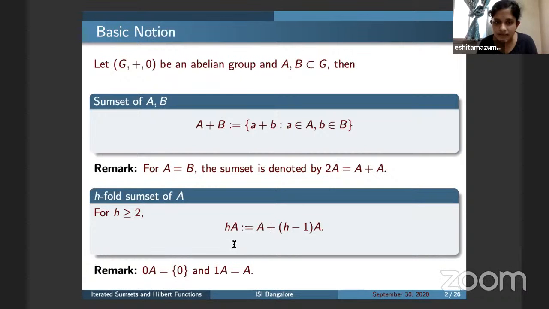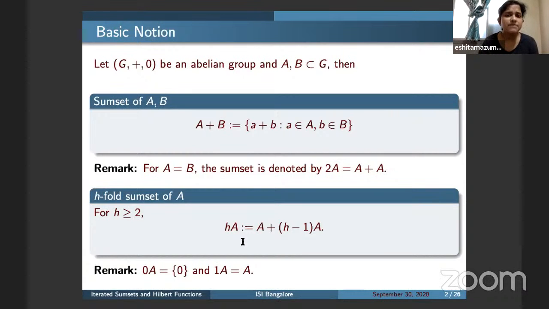We call this hA the h-fold sumset of A. In particular, when h is equal to 0, the 0-fold sumset of A is a set containing the identity element only. And when h is equal to 1, the one-fold sumset of A is the set A itself.